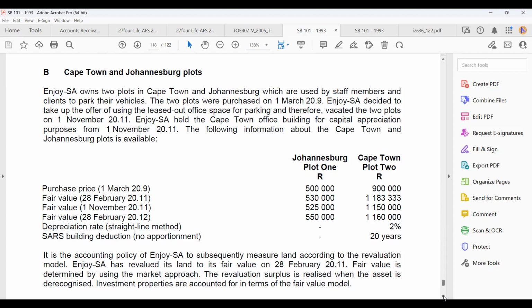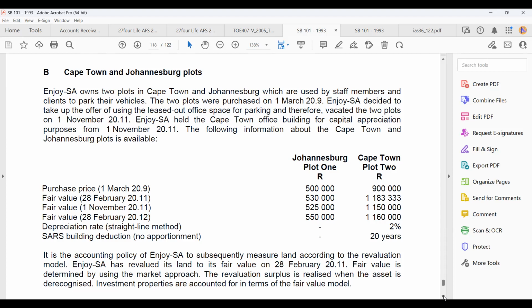IFRS 9, financial instruments, specifically financial assets. IFRS 9 can't apply because on both sides we need cash or another financial instrument. In this case, it's a building. It's not cash, it's not another financial instrument, so IFRS 9 cannot apply. Can it be IFRS 16?